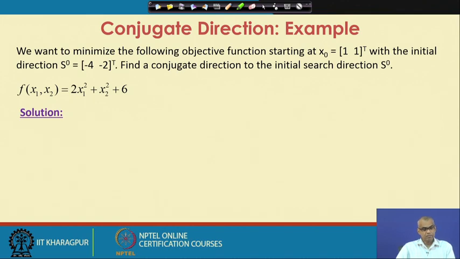We want to minimize this function starting at x0 equal to (1, 1), and the initial direction is given as S0 equal to (-4, -2). So, we want to find a conjugate direction to S0, that is (-4, -2).